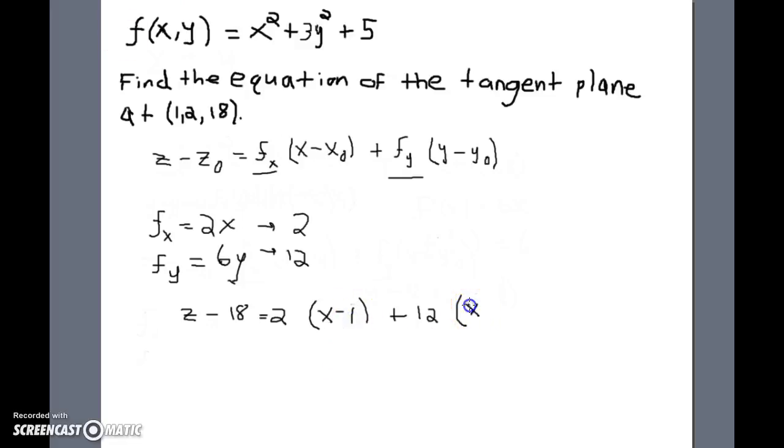And this one should be y minus 2. There we go. So our final tangent plane equation is z minus 18 equals 2 times the quantity x minus 1 plus 12 times the quantity y minus 2. And that's it. That's how you find the equation of a tangent plane.